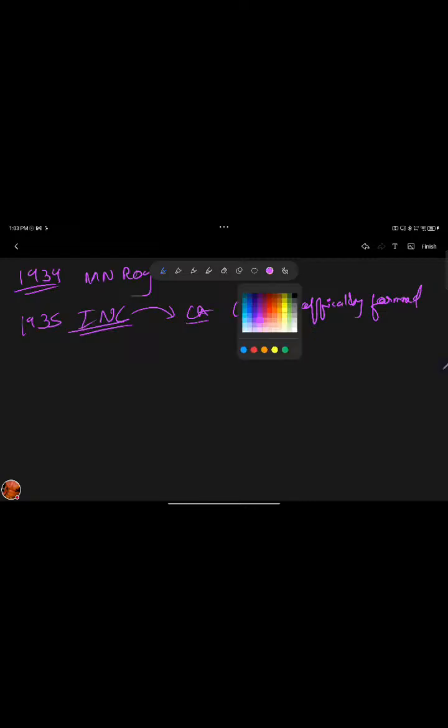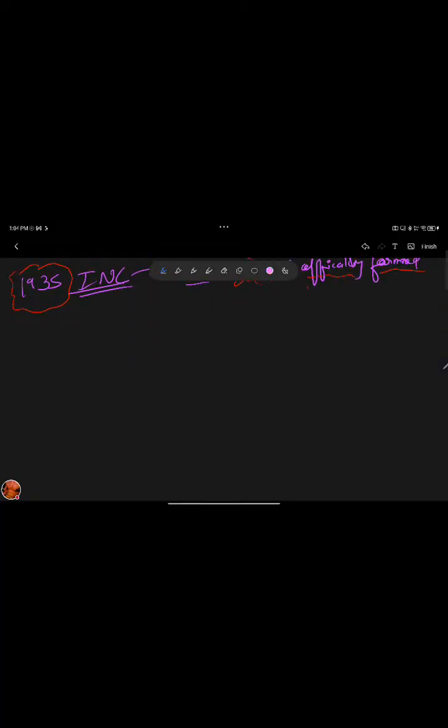So if they ask you in which year the constituent assembly was officially formed, you would say 1935.